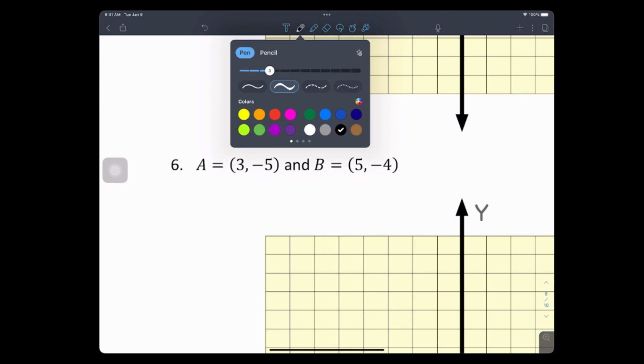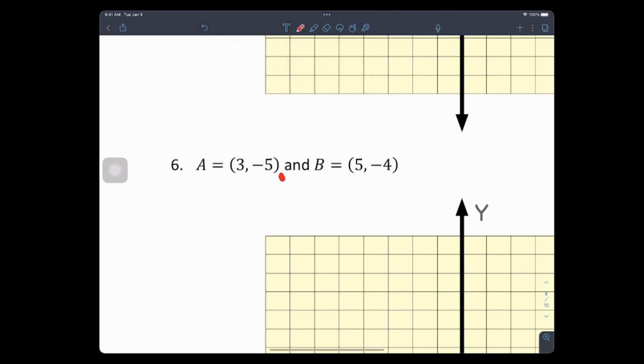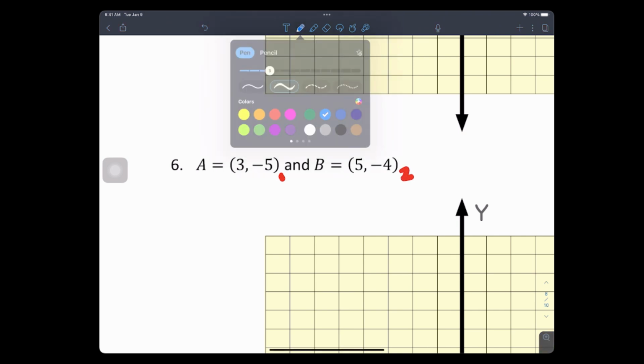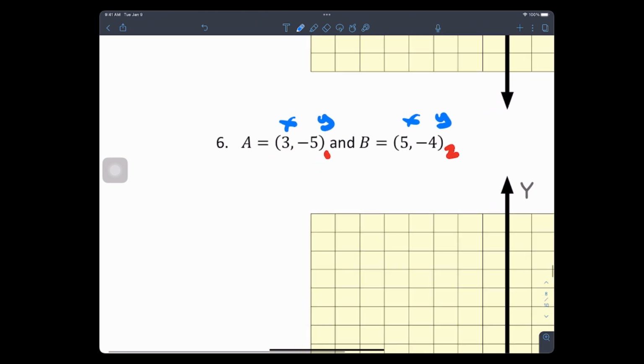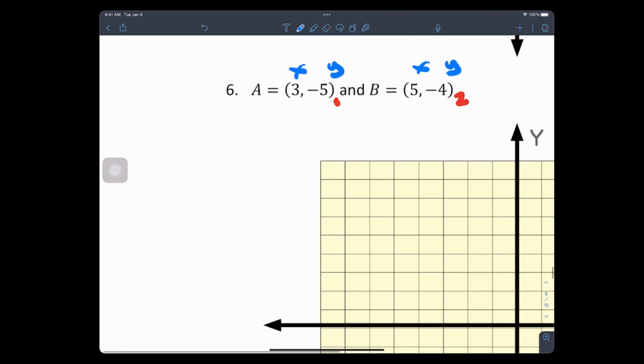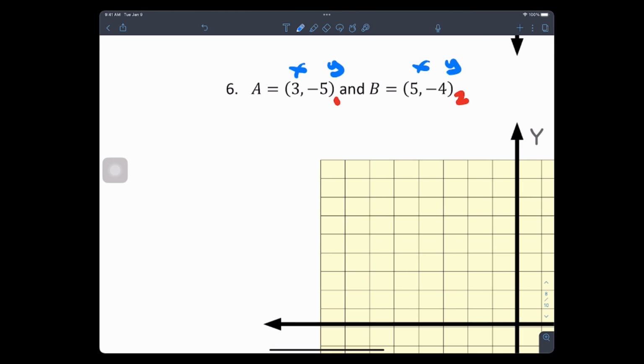Okay. The initial point, put 1 for initial. Put 2 for terminal. X coordinate, Y coordinate, X coordinate, Y coordinate. So if you're going to get the component form by definition, write this down as what? X1 is 3.